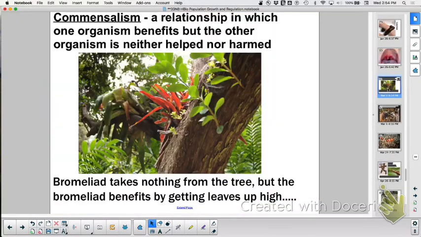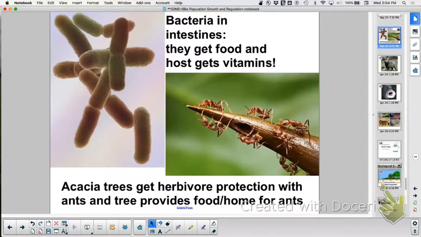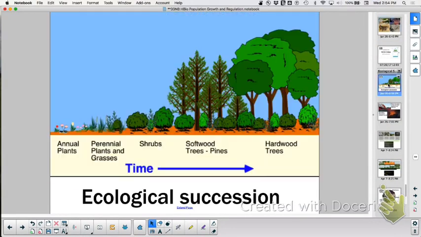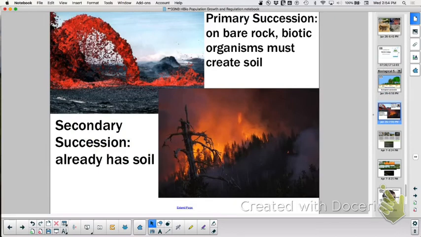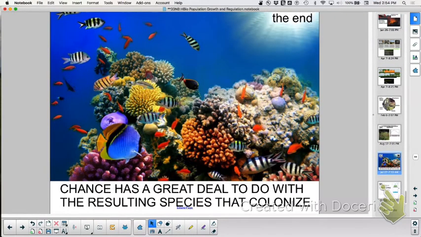Epiphytes are a really good example of commensalism where it doesn't hurt. We talked about mutualism and different examples of that, and cleaning relationships. And then we talked about ecological succession, and we talked about chance having a lot to do with what colonizes.